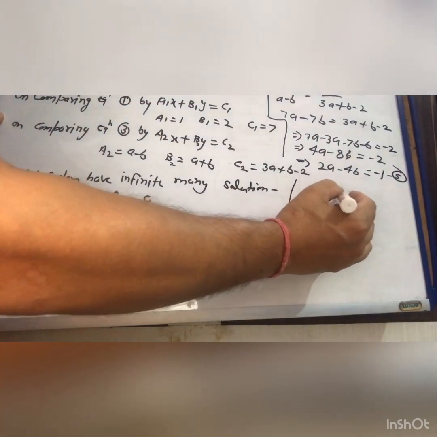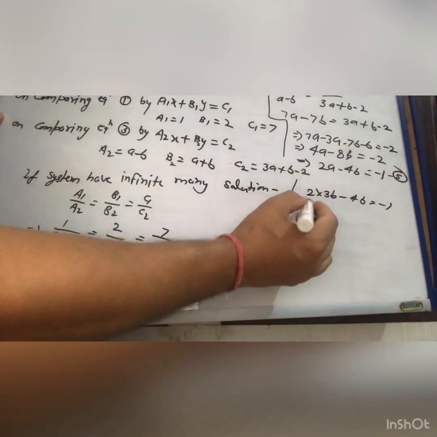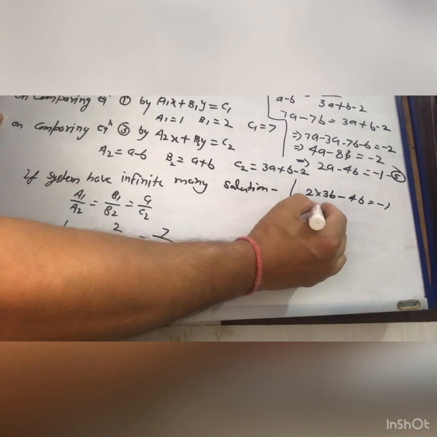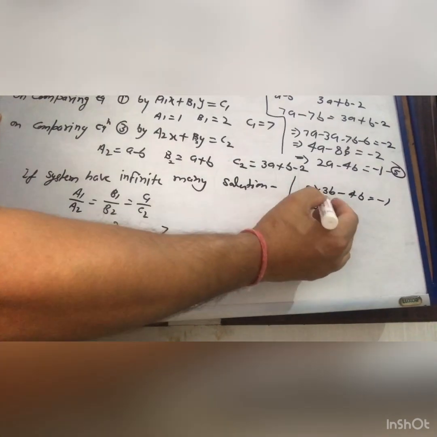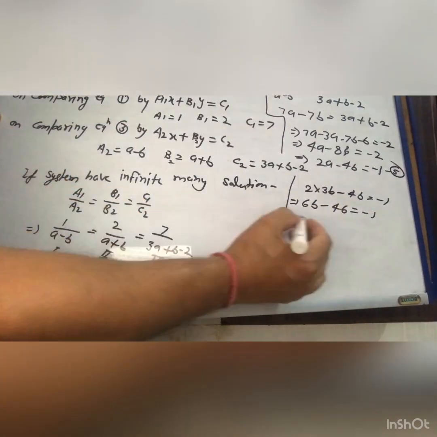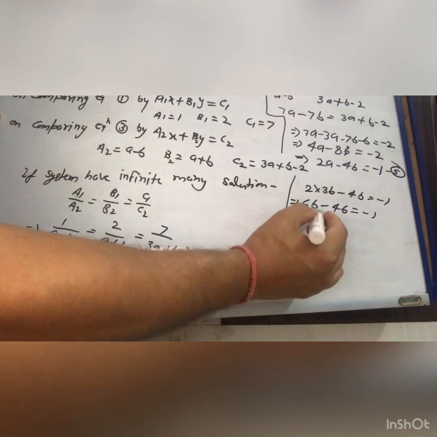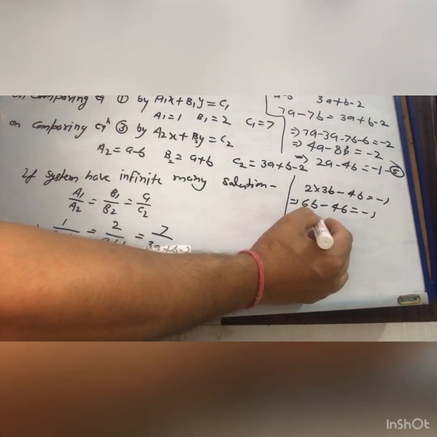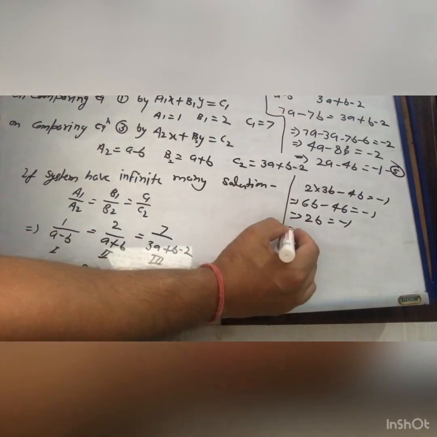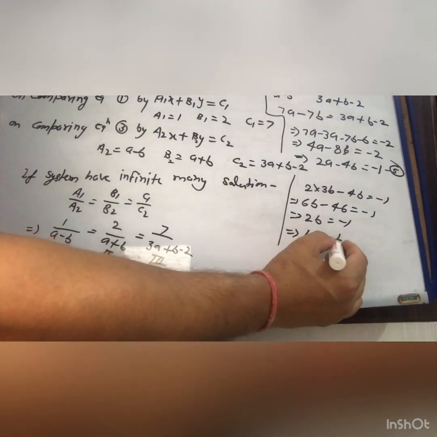You put 6b minus 4b equal to minus 1. So 6b minus 4b means 2b equal to minus 1, and you will get b equal to minus 1 upon 2.